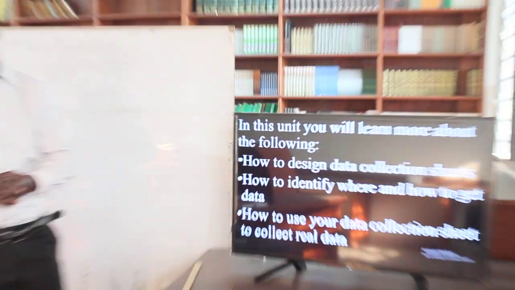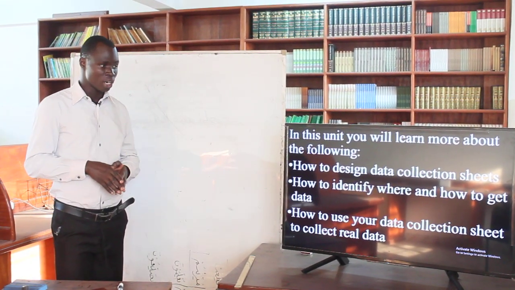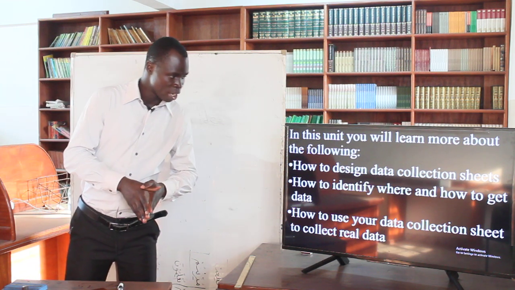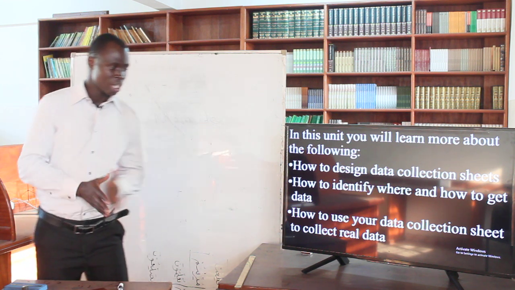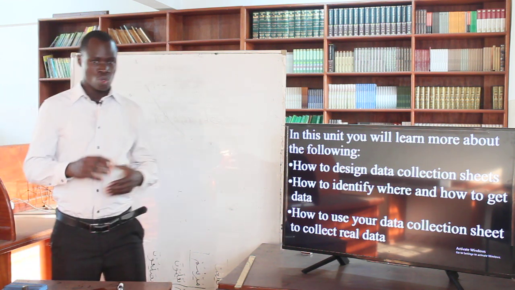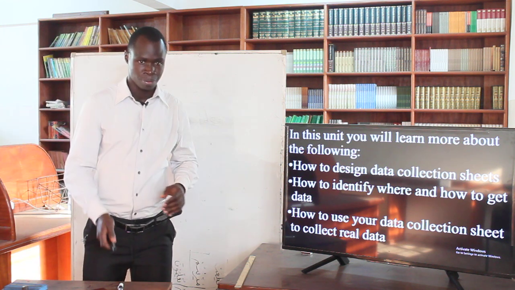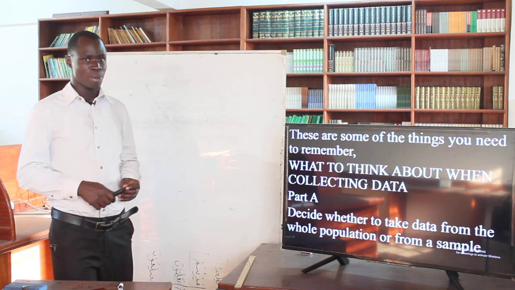And after knowing which data you want, you have to know the specific place from which you can collect your data. After knowing where to collect it from, you've got to know the method you're supposed to use to collect your data. And after that, you've got to record them for future reference. So these are some of the things you need to remember.